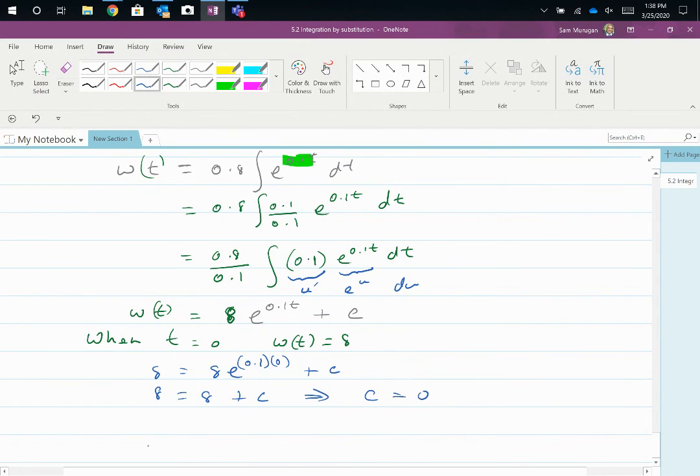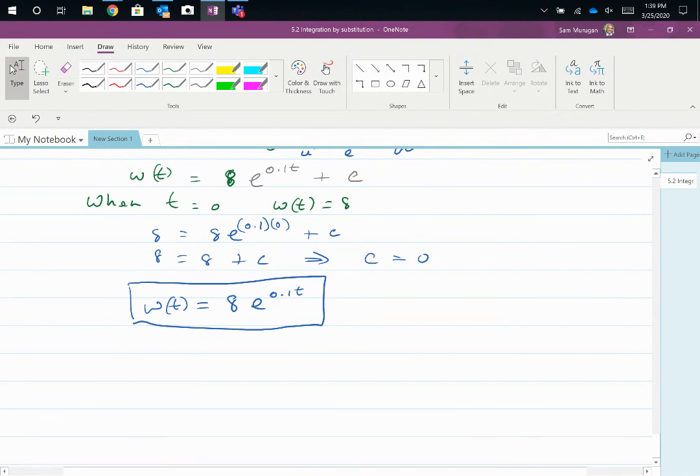So W(t) is equal to 8e^(0.1t), since the constant term is equal to 0. And they're asking us to find the weight after 6 hours.